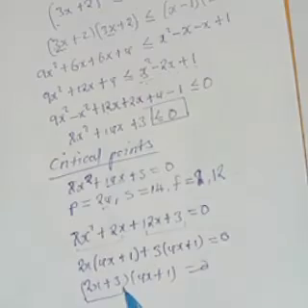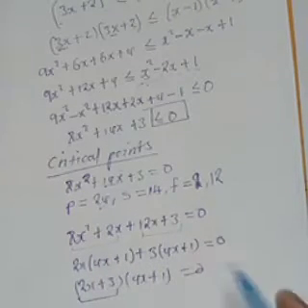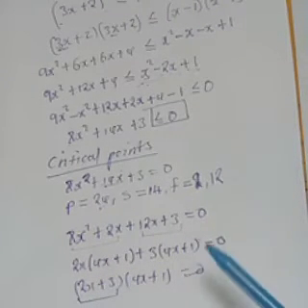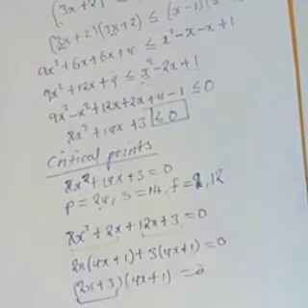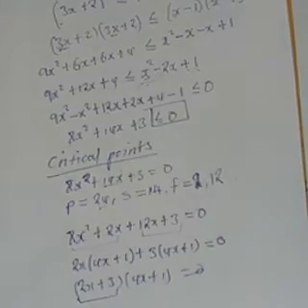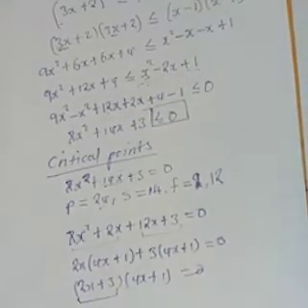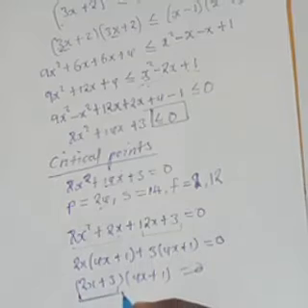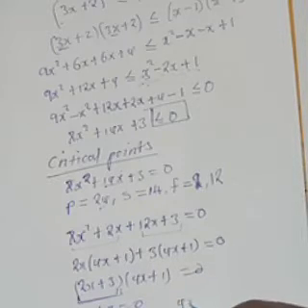Remember, this is a linear type of inequality. We've tried to forget about this part just for a while, just a bit. We're going to get back to it because it will help us find the so-called intervals. So I'll equate everything to 0. 2x plus 3 equal to 0. X in this case is going to be negative 3 over 2. 4x plus 1 equal to 0.